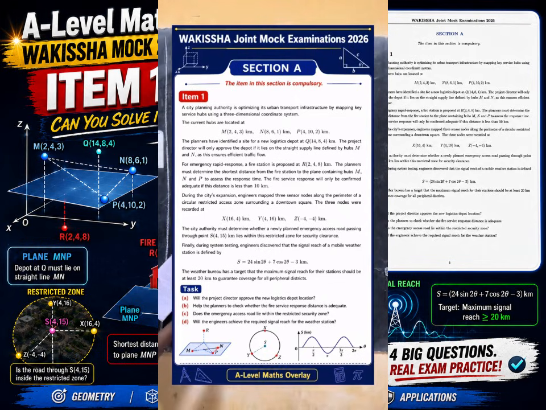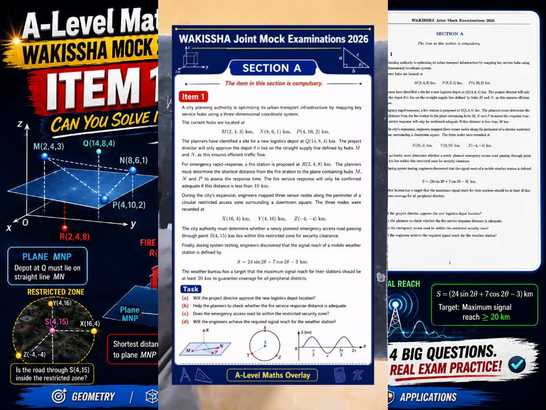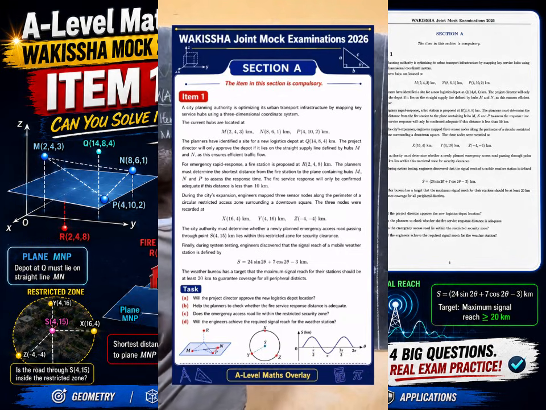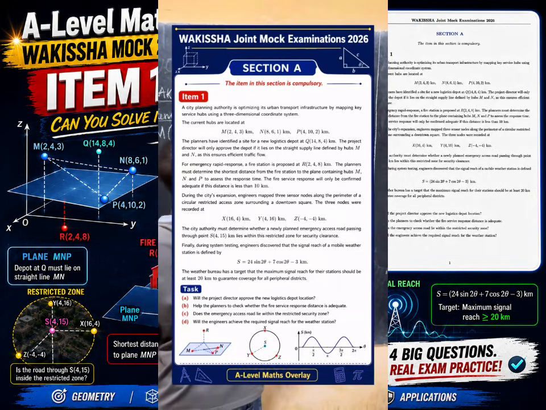The current hubs are located at M, which has coordinates 2, 4, 3 kilometers, N, which is 8, 6, 1 kilometers, and P, which is 4, 10, 2 kilometers.